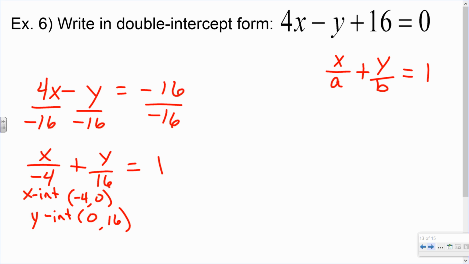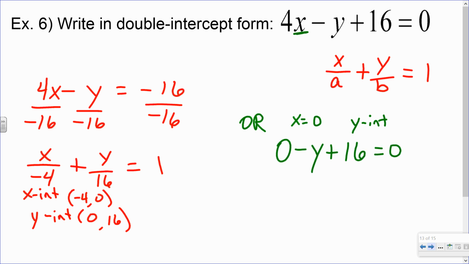The other way that I can do it: if x is 0, I'm talking about my y-intercept. So I can say if x is 0, I have 0 minus y plus 16 equals 0, just putting 0 in for that x. So that means y is 16. The y-intercept. So that is what b will be.